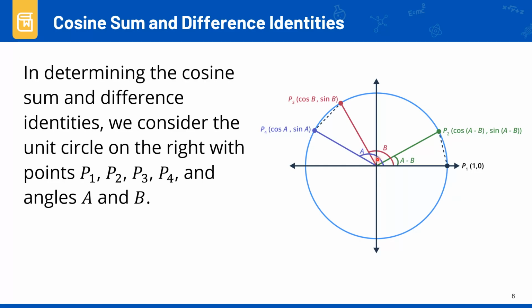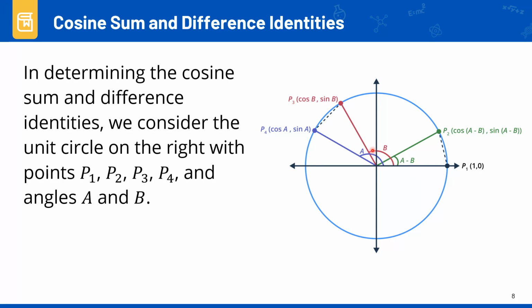Angle A is larger compared to angle B. Now, the terminal point for the angle A is P sub 4, which has the coordinates cosine A, sine A. Take note that in our previous discussion, the x coordinate can be expressed as cosine A, where A is the angle, and the y coordinate can be expressed as sine A, in which A again is the angle.